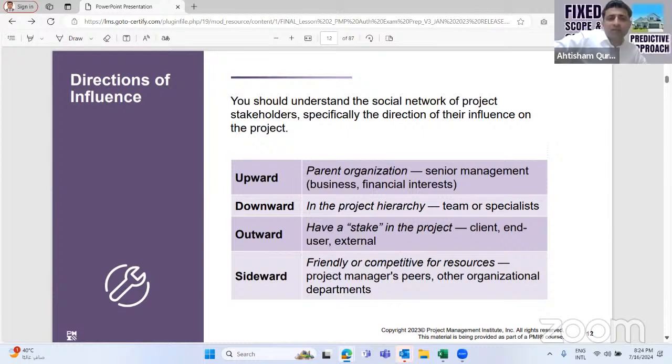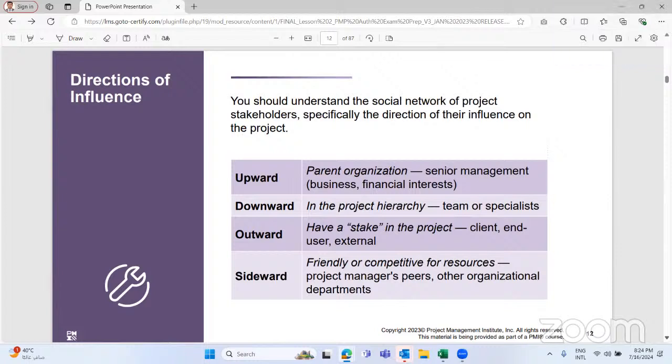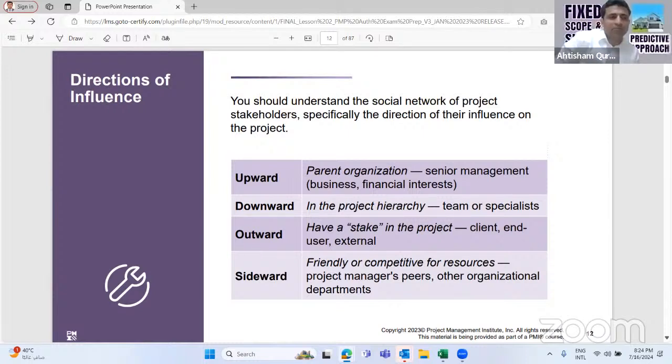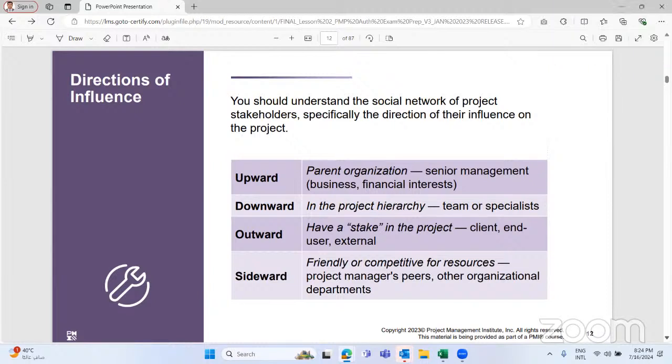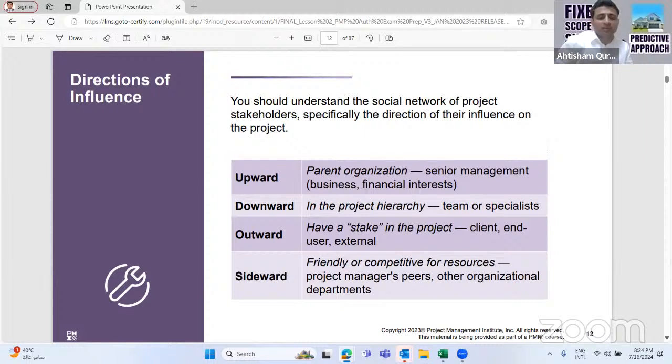Now, the project is also getting influence from the presence of a stakeholder in the upward direction. The management expectation could be some financials and the business objectives of the project, right?